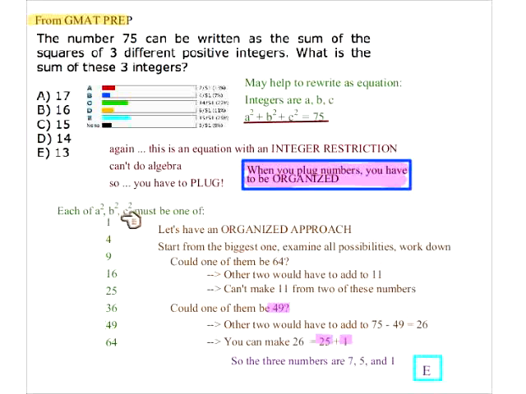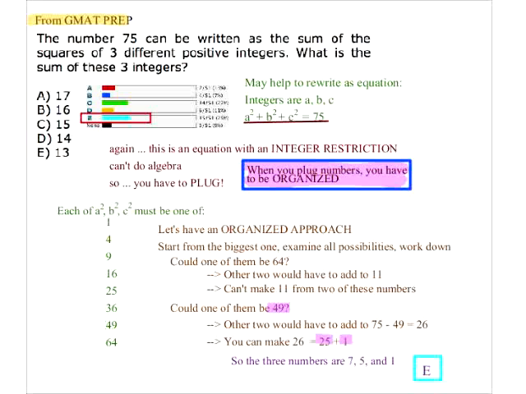In fact, if you started with 1 first, you would find these possibilities right away. You just have to have some sort of organized approach and not totally freak out. You want to realize that there will be problems where algebra doesn't fly, and you have to be prepared for that sort of eventuality.